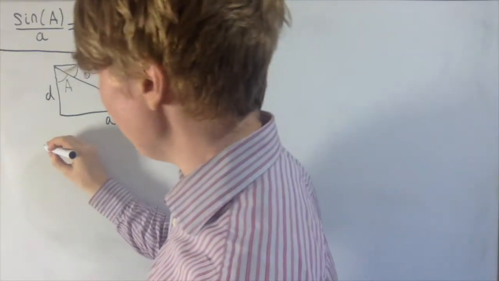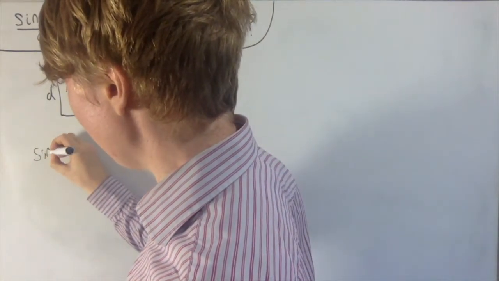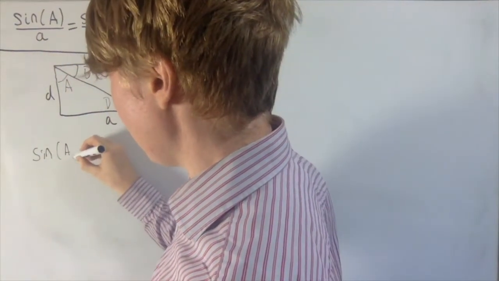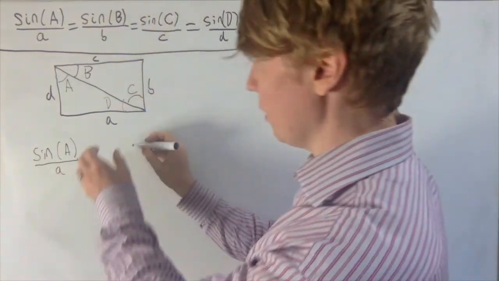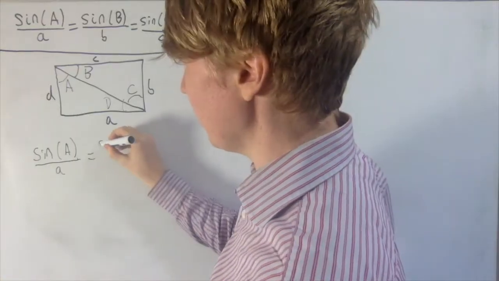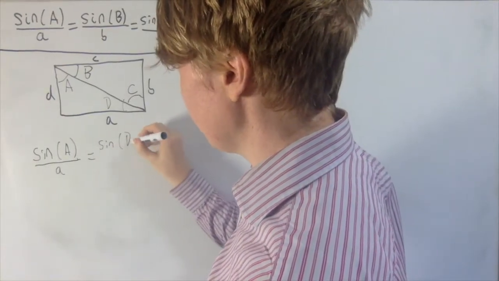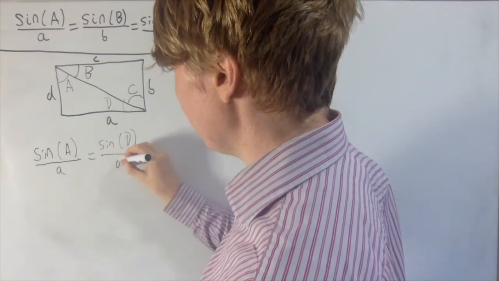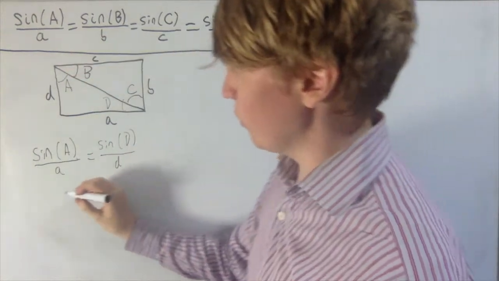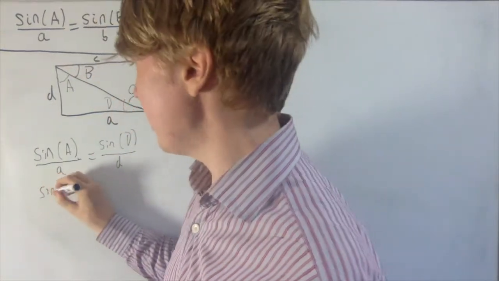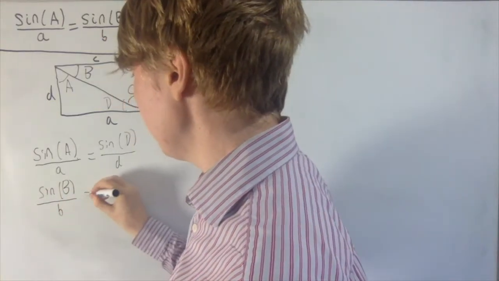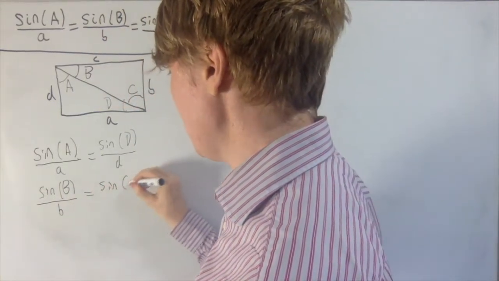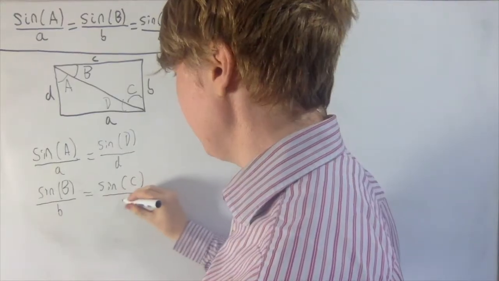What's really nice about this is we can now apply the sine rule for triangles to get that sine A over a is equal to sine D over d. So it's starting to look a bit more like the kind of picture we're aiming for. And you get the same sort of thing: sine B over b is equal to sine C over c.